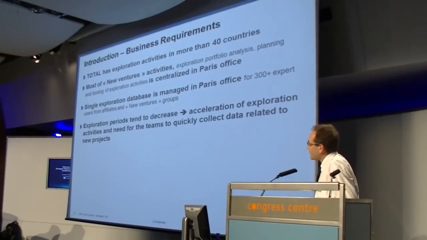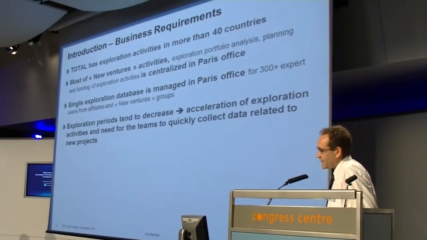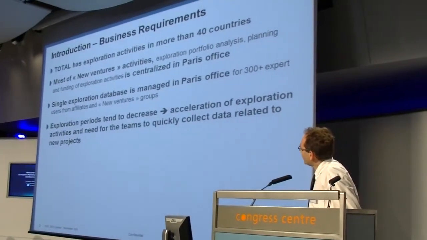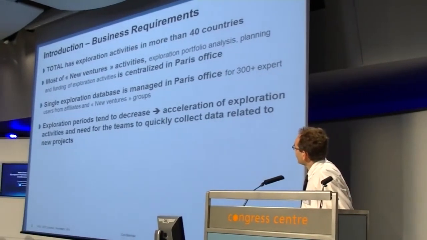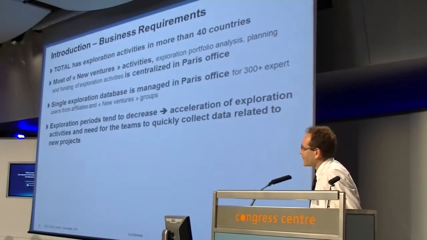So in terms of the context of our project, Total has exploration activities in more than 40 countries, with teams in many locations in the world. Most of new ventures activities and exploration portfolio analysis and other kinds of work, planning and funding of exploration activities are essentially in the Paris office.